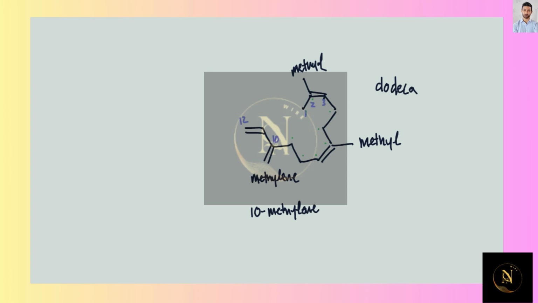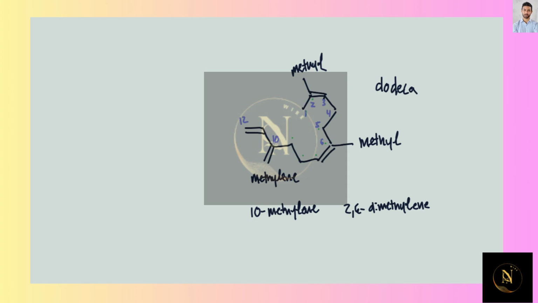We also have 2,6-dimethyl. And as for our root chain, we know that it is an alkene.